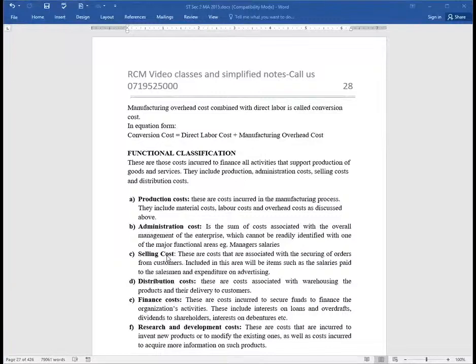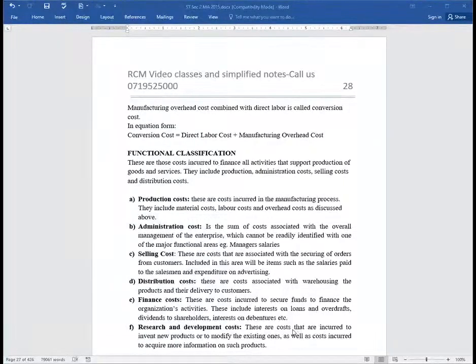Selling is a serious function of any company. All those costs that are associated with the securing of orders from customers must be included under selling. Costs like advertisement, wages paid to salesmen, and the commissions paid to salesmen. Then we have distribution costs, ladies and gentlemen.